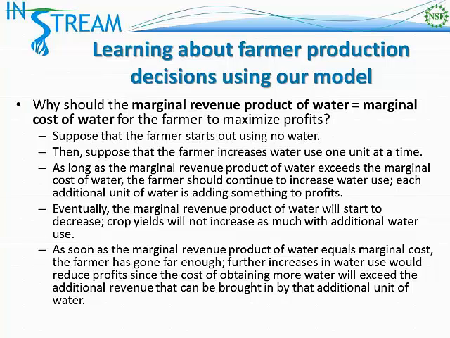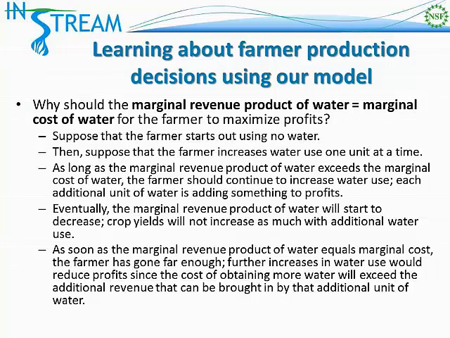So suppose that the farmer starts out using no water, and then the farmer increases water use 1 unit at a time. Okay? As long as the marginal revenue product of water exceeds the marginal cost of water, the farmer should continue to increase water use. Right?